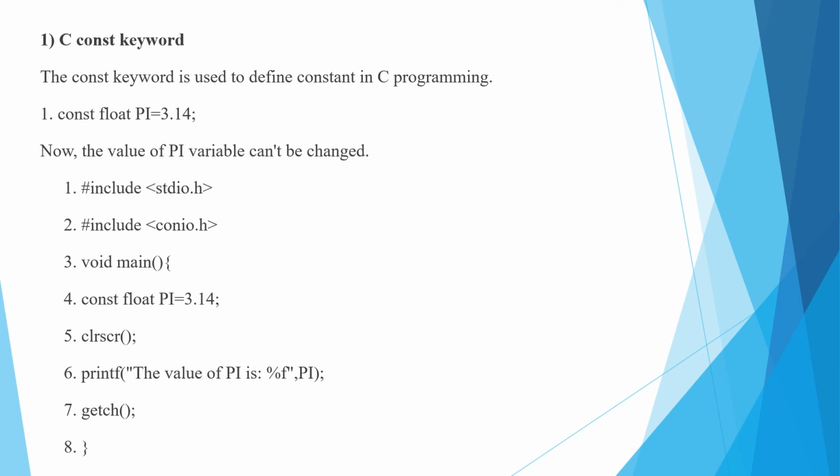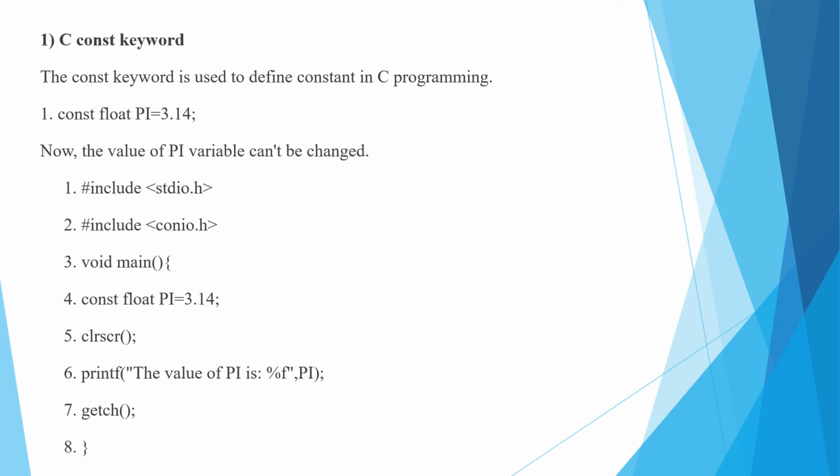Here #include <stdio.h> is a preprocessor statement which includes the standard input output functions in our C program. The second statement is #include <conio.h>, where conio means console input output. In our program we use clrscr and getch, which are functions included in the conio.h header file.